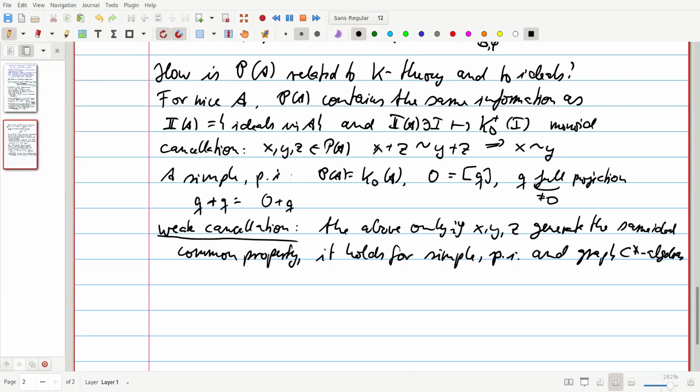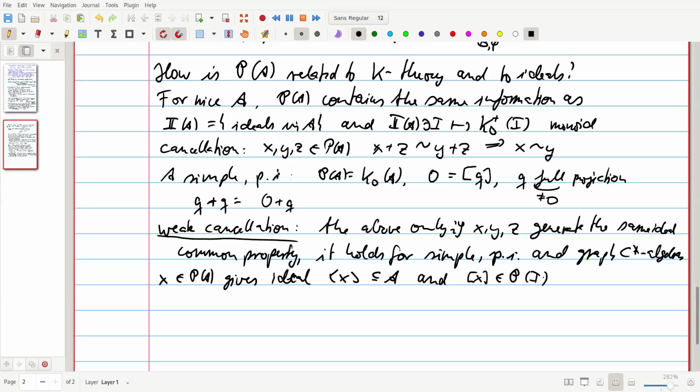And now we have already hidden here, we see that if you have a class in P of A, it gives an ideal, just the ideal that's generated by X. And then this X, of course, belongs to the ideal it generates.